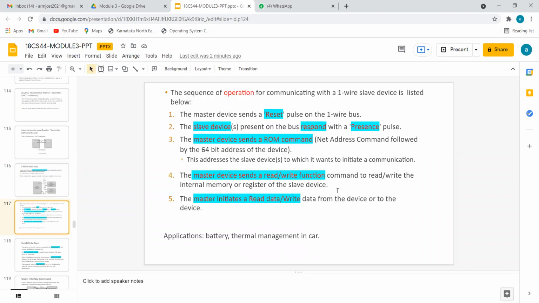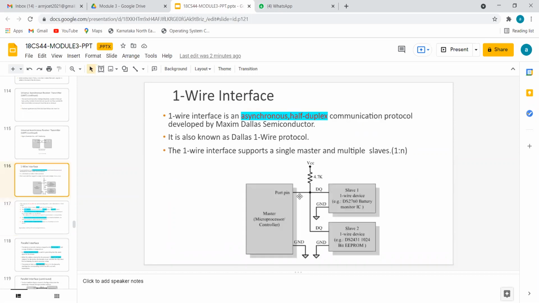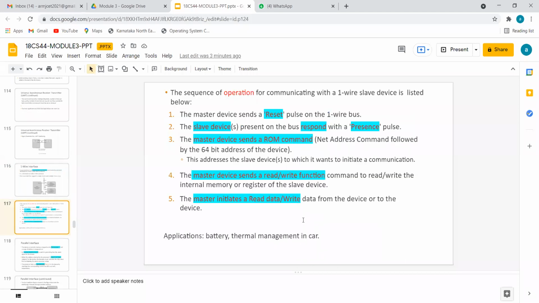Now there are some 5 to 6 steps of application, how it works. Step number 1, master should go for reset. That means anything on this common data line should be removed first. That is called reset. And slaves should respond whether they are presently active or not.